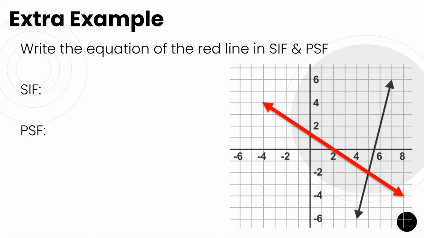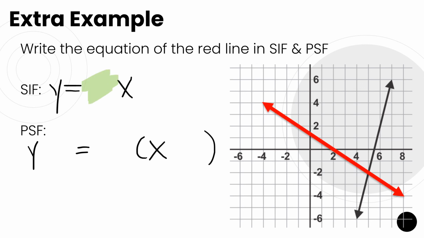Let's try this red line. And this one, I'm going to set it up and I'm going to try both options. All right, let's talk about our slope first. I need a slope to be my coefficient of x. I think I have a dot here, and I think I have a dot here. Rise -2, run +3.